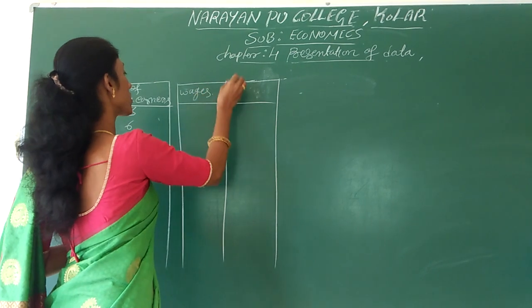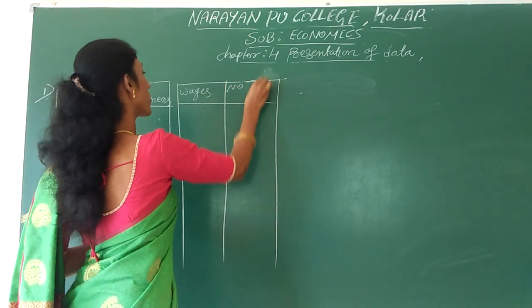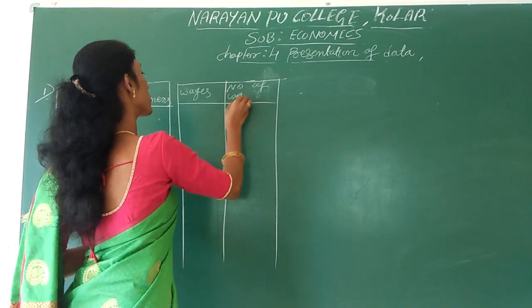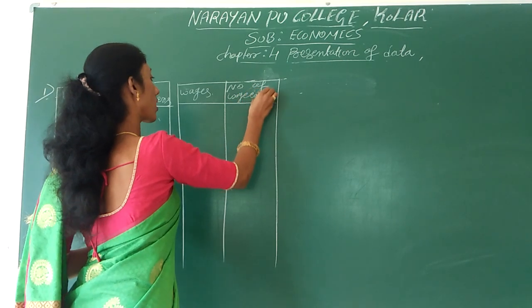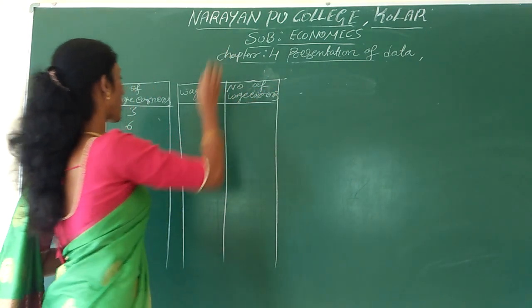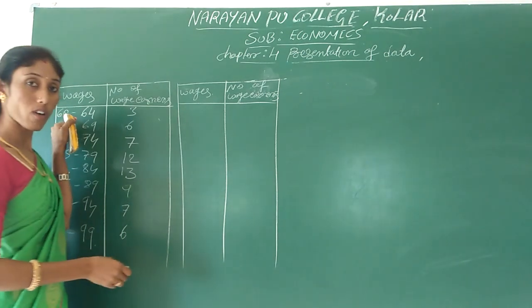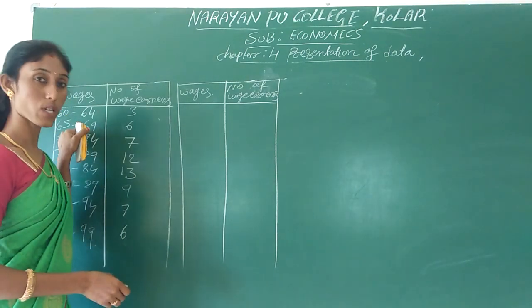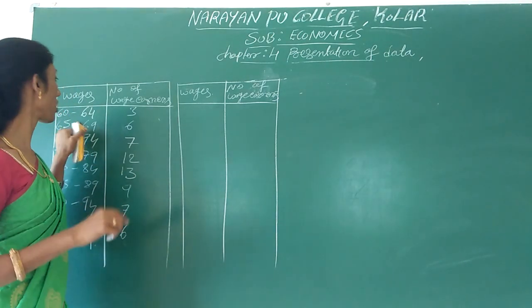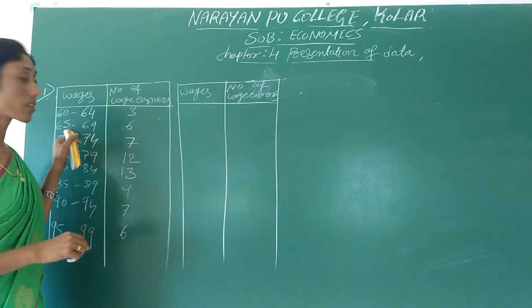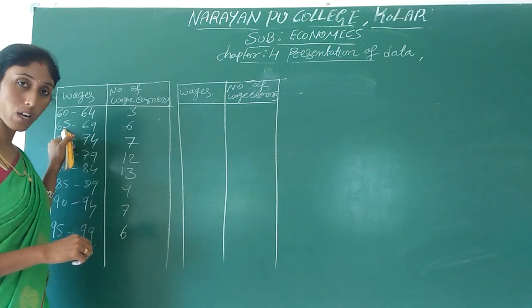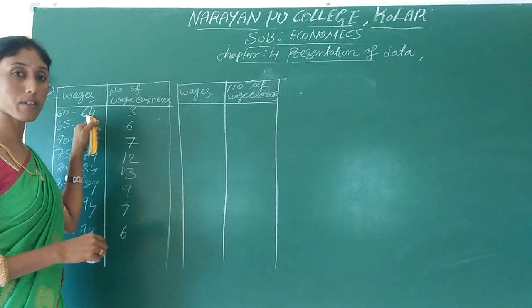Wages, number of wage earners. Before converting inclusive class limits into exclusive class limits, the first rule is that we should find the difference between the lower limit of the second class and the upper limit of the first class.